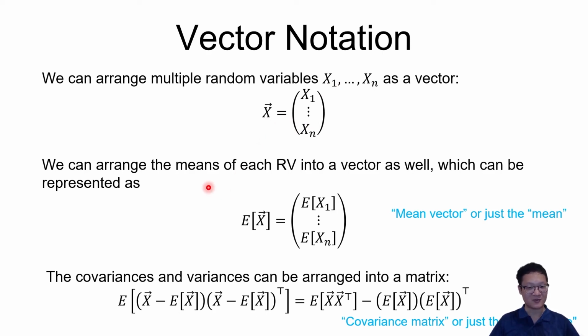Now if you perform any operation such as taking the expectation of this vector, you just take the expectation of each component of the vector, and this is called the mean vector. Actually, in machine learning basically everything is a vector, so typically we'll just say it's the mean. In machine learning, we basically assume everything's a vector.